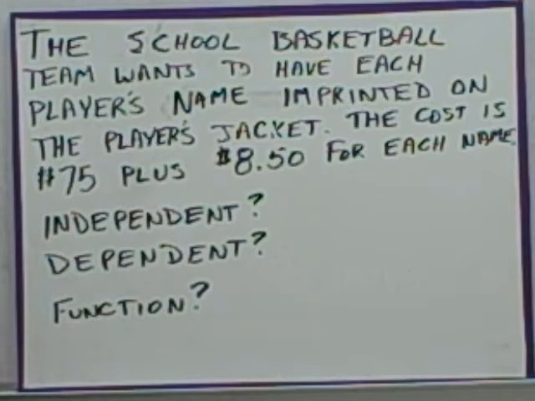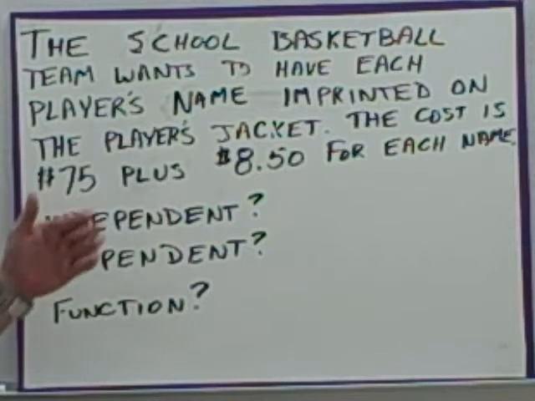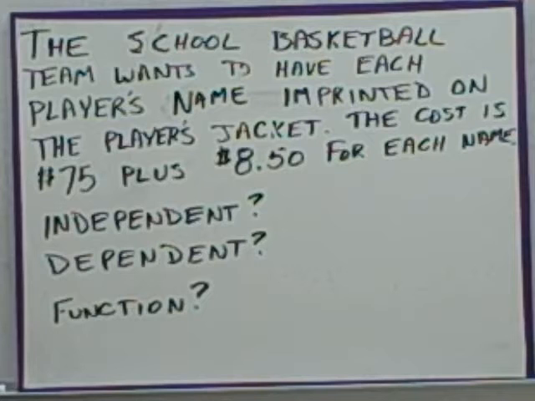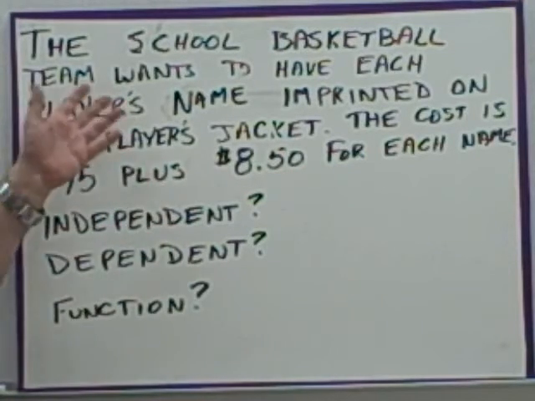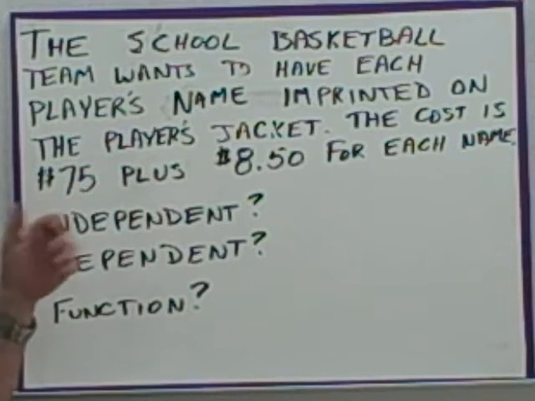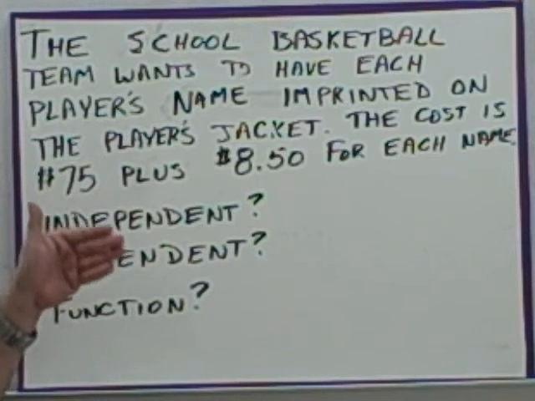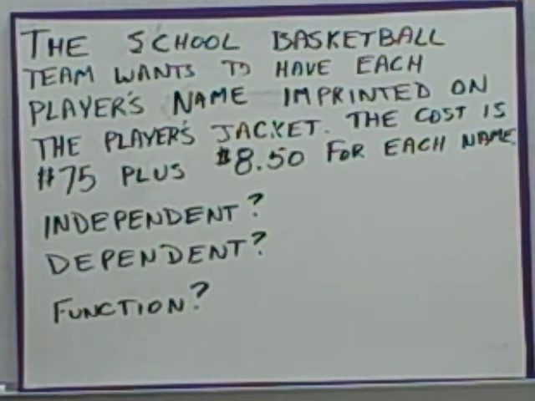Well, the independent variable will be the one that I get to choose. As I'm looking through this, we've got a total cost, right? And we have a number of jackets, right? Well, what would be the independent one, the one that I can choose the value of?